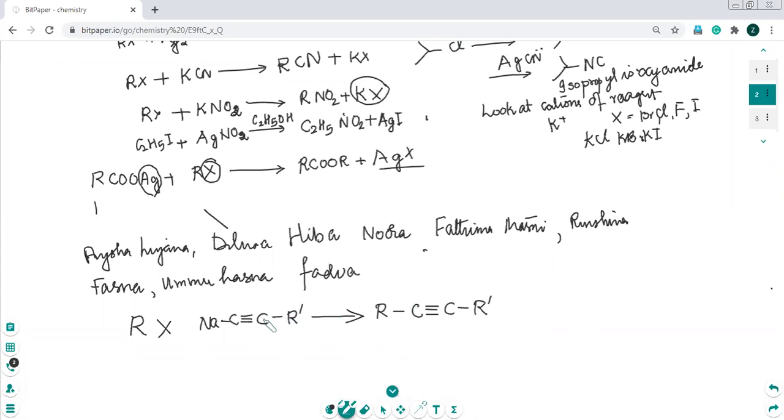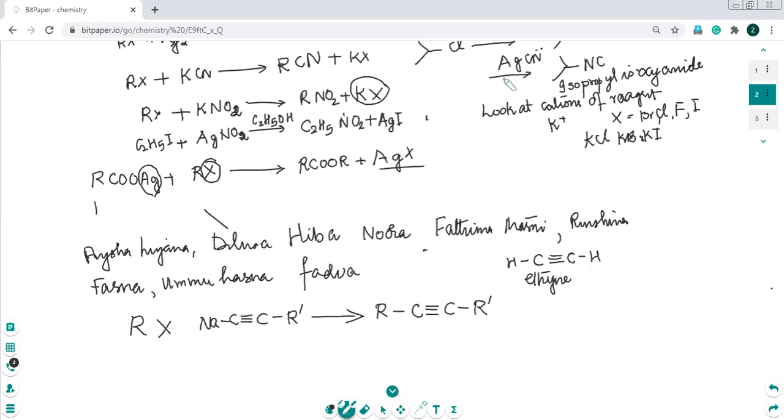We are going to study this later, but see here, this is acetylene, carbon with a hydrogen and a hydrogen, called ethyne or acetylene.